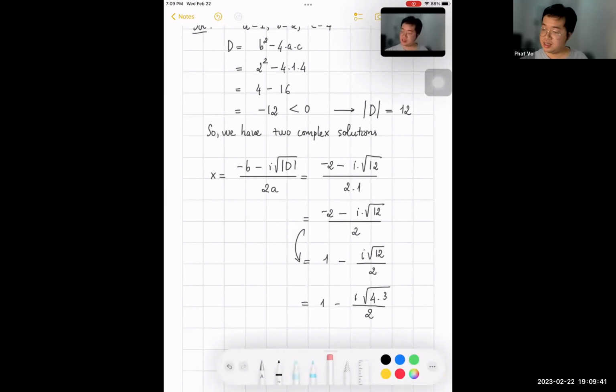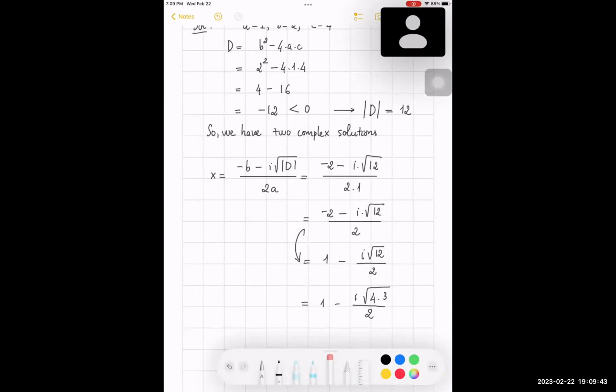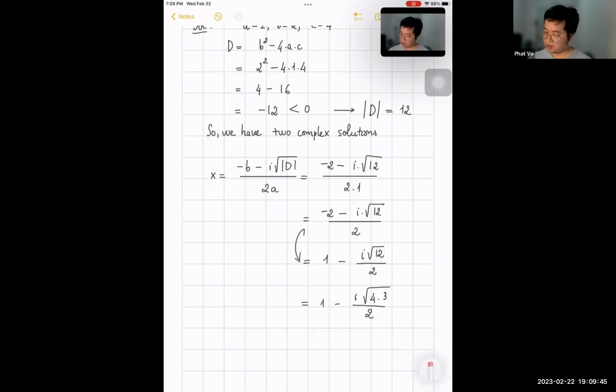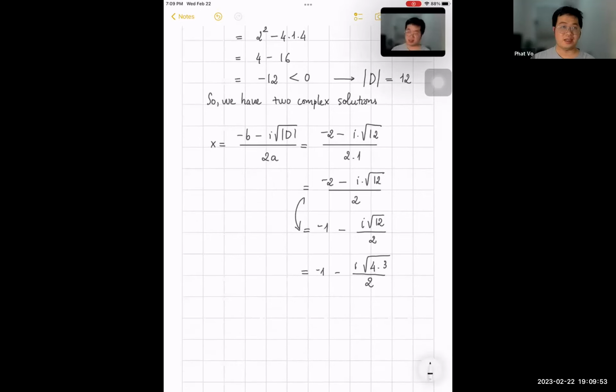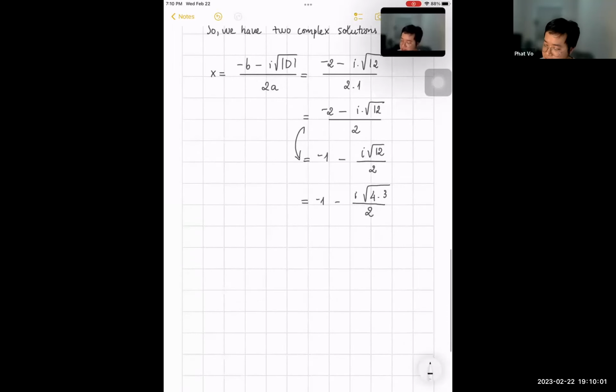Okay, exactly. So negative 1 too, right? It's a negative 1. Yeah, negative 1. Exactly. Okay, let me write down here. Exactly. Thank you. Yeah, very good. No problem. B here is 2, so it's negative 2. Okay, exactly. So now we need to simplify more.